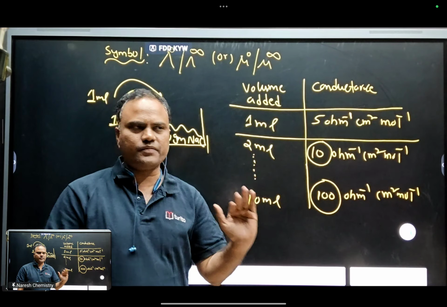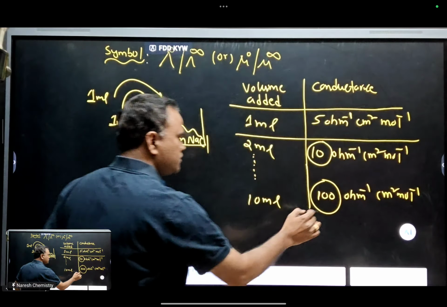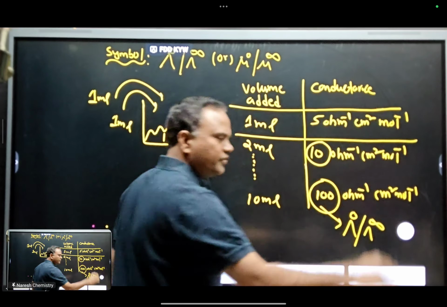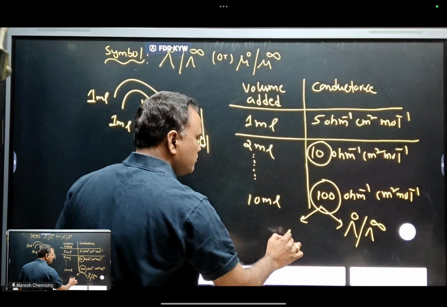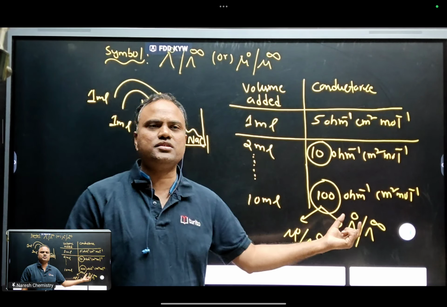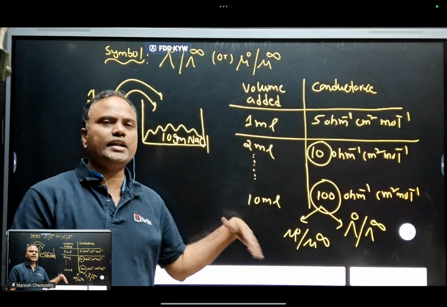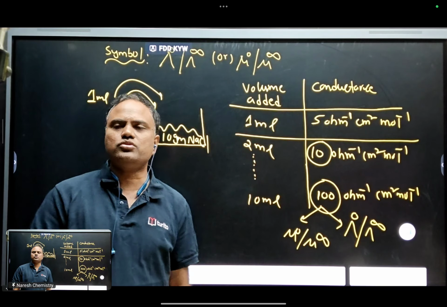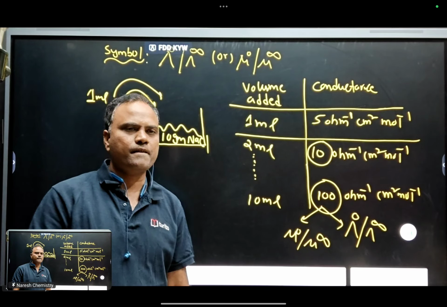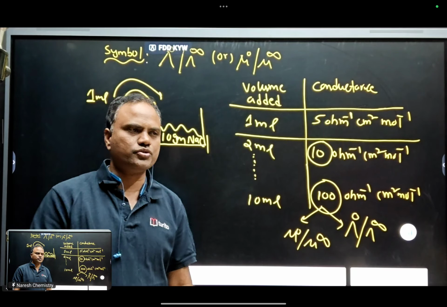This value is represented as lambda 0 or lambda infinity or mu 0 or mu infinity: conductance at infinite dilution. 100 is the conductance at infinite dilution. Why is it called infinite dilution? Because after 10 ml, there is no salt to undergo dissociation. This is the maximum conductance, the maximum volume where all the salt undergoes dissociation.